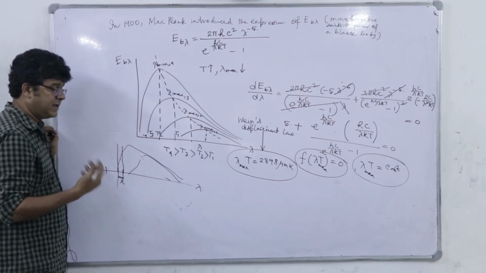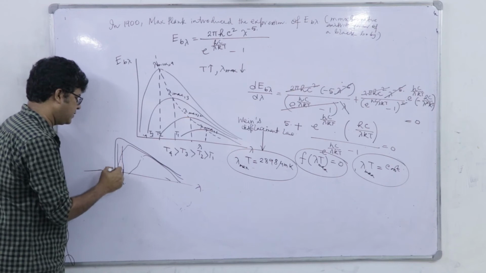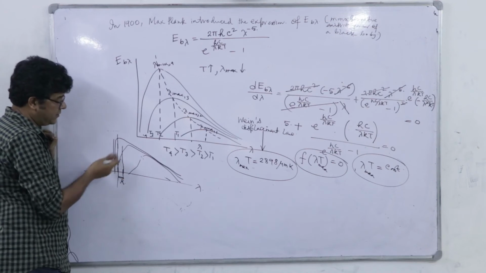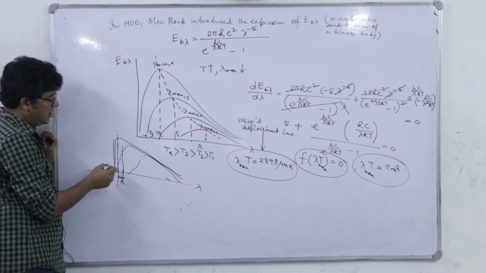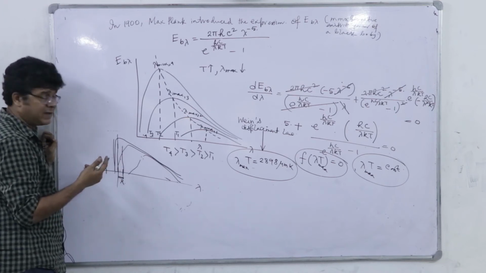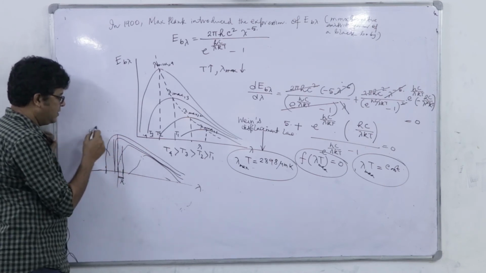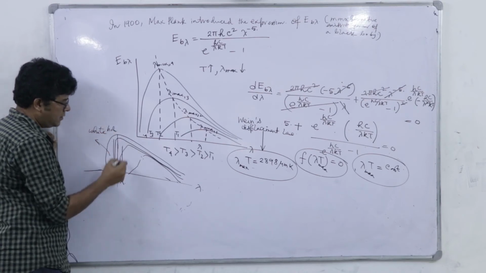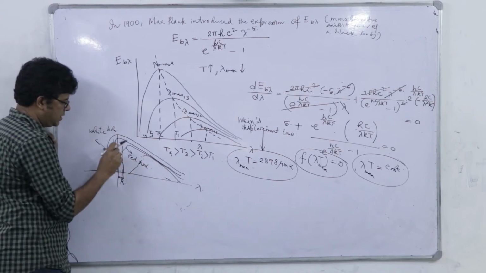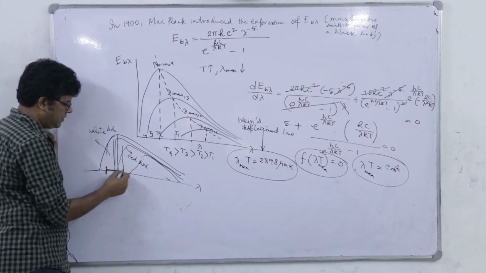It will appear red hot, and after that, if you still go on increasing the temperature, it will be like this, it will appear red plus orange, and after that, if you still go on increasing the temperature, it's emitting red, it's emitting orange, and all the other spectrum as well. So if it is something like this, over this region, it will be white hot, right? So for this, it is red hot, and finally it will be white hot, and maybe it's covering the entire visible range, right? This is the visible range.